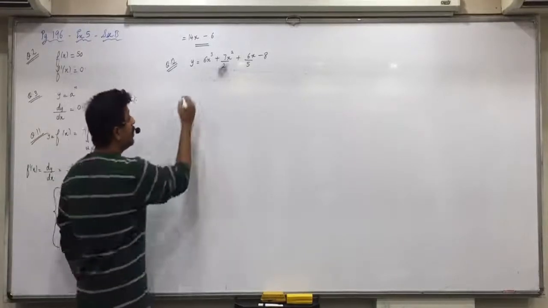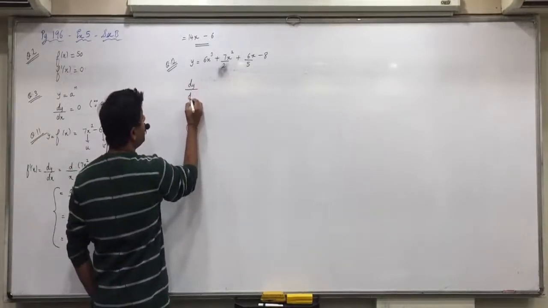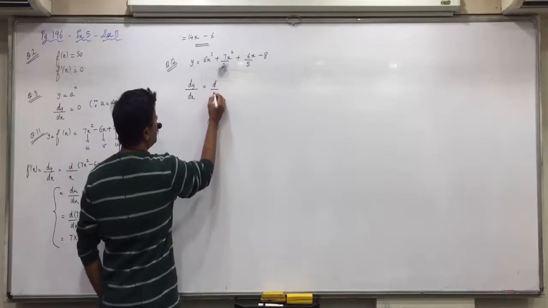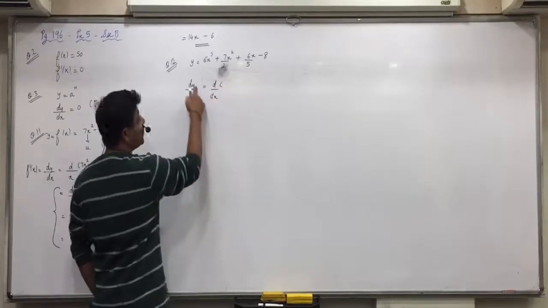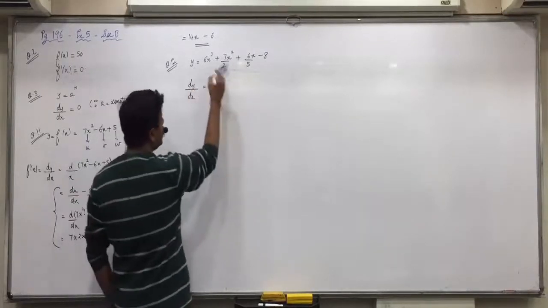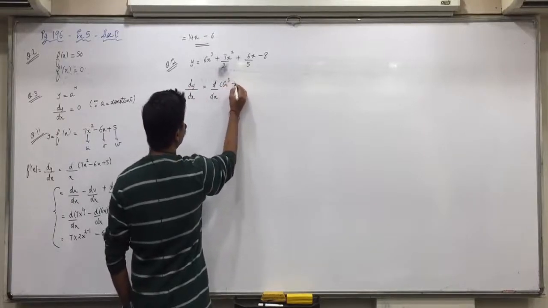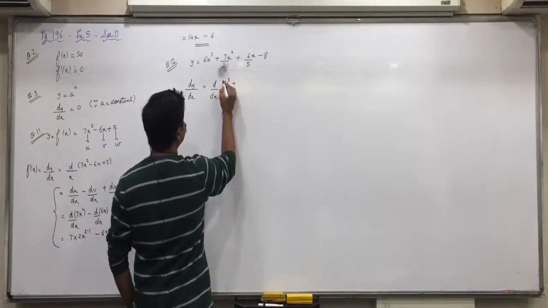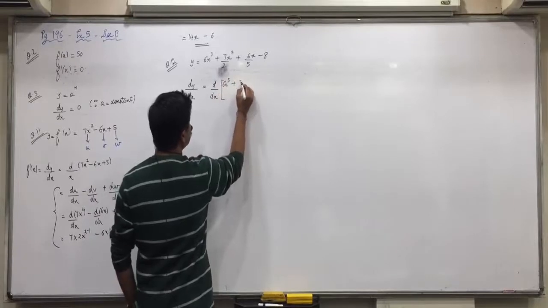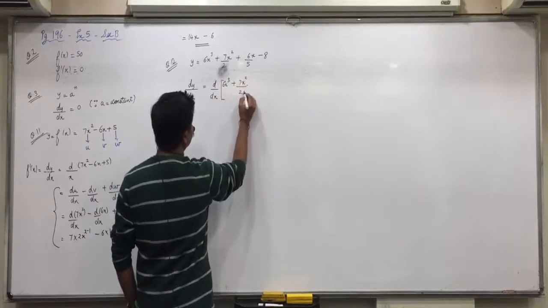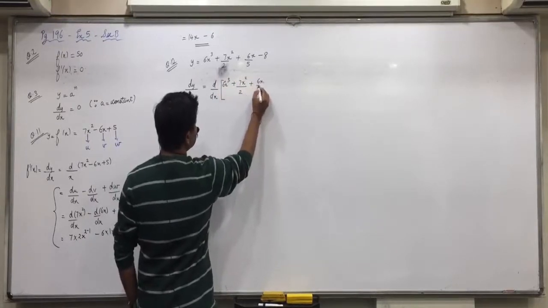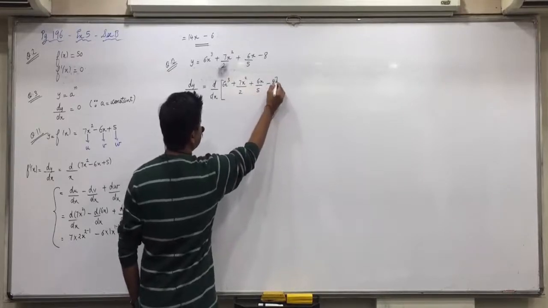How to do this? Now dy by dx equals d by dx of, in place of y, you'll write 6x cube plus 7x square by 2 plus 6x by 5 minus 8.